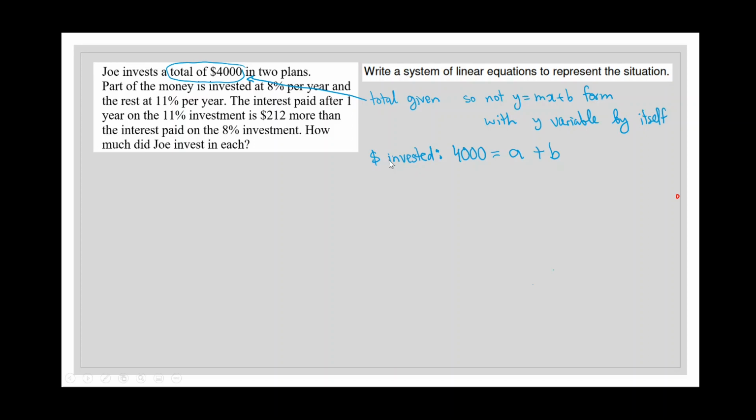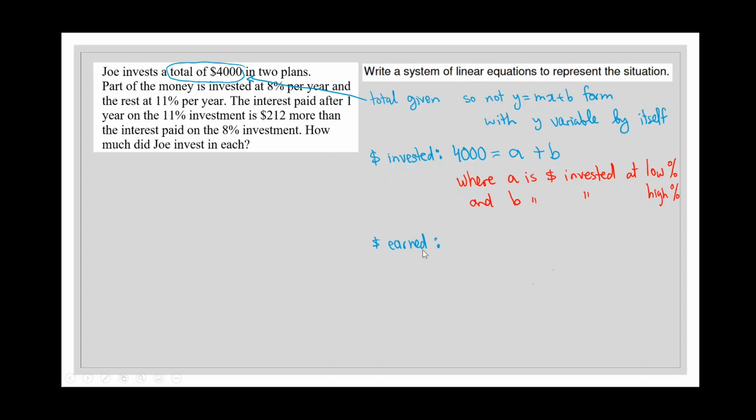This is just money that was originally invested. So we know there's $4,000 to start with, but we don't know how much went for each part. So A and B is going to represent those 2 parts. A is going to be the low percent, the 8%, and B is going to be amount put in at 11%, the high percent.